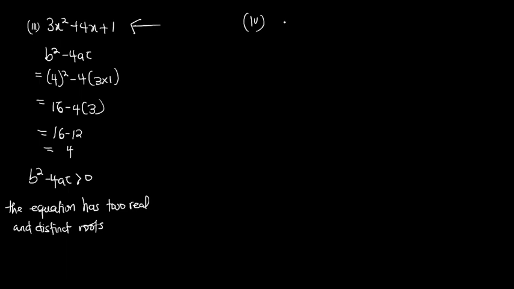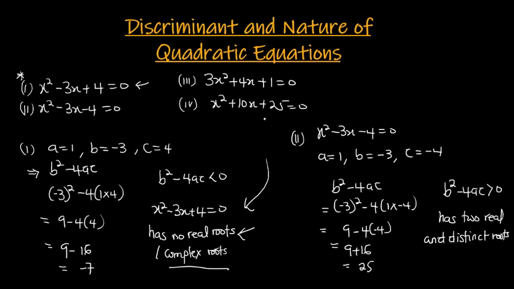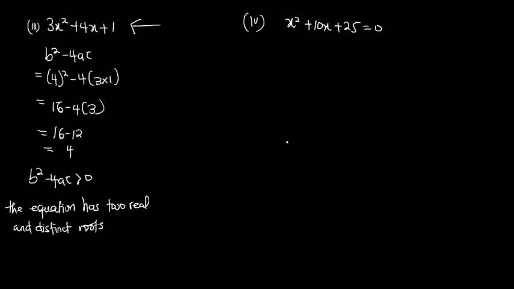Now let's look at the last expression that we have, IV. The last expression is x squared plus 10x plus 25 is equal to 0. To find the nature of this equation, we have b squared minus 4ac.